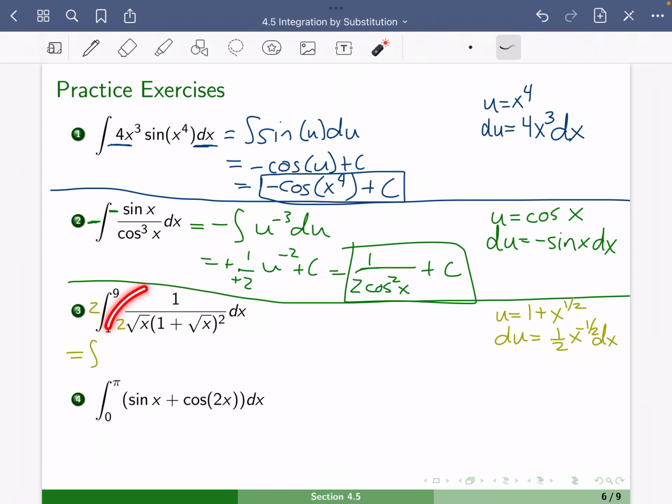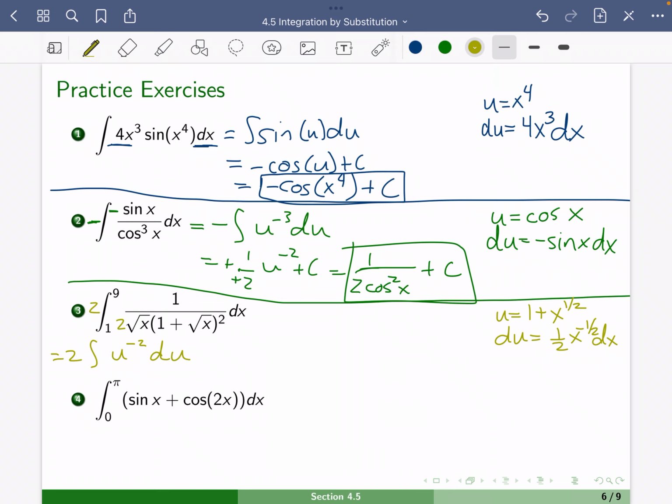So that's our du, all of that mess. Right there is our du, and we have a u to the negative second. So we have that 2 u to the negative 2 du.